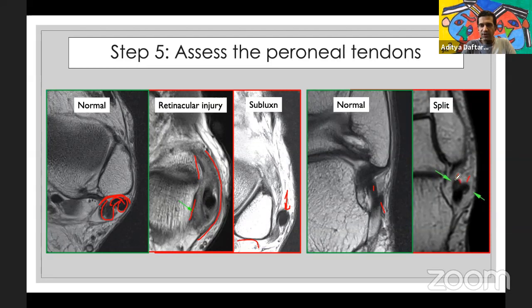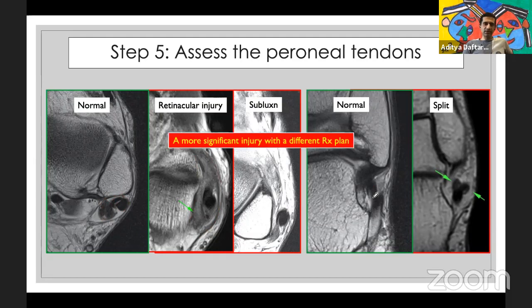This gives you what is described as the famous Mickey Mouse sign. If you think about the Disney character Mickey Mouse, you can draw the two eyes and the nose, and that's essentially the Mickey Mouse sign that tells you that somebody has got a peroneus longus split. So just to show you, this is Mickey Mouse with his ears, and here you do not have Mickey Mouse with the ears. So these are some variations on what you can see with the peroneal tendons.